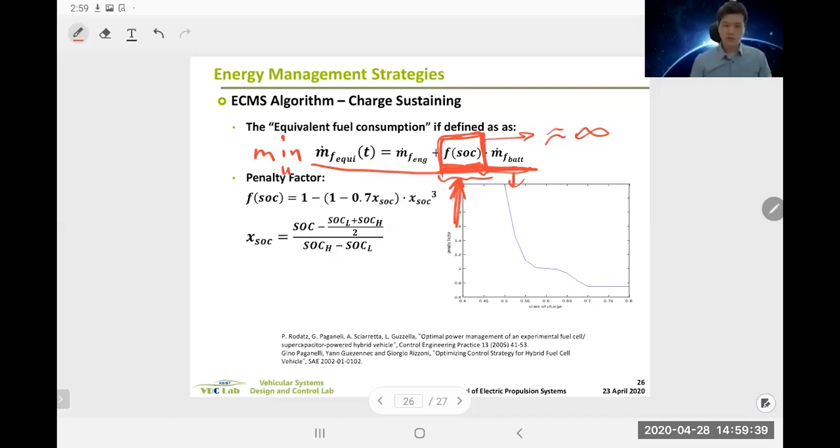And for ECMS, we can use something like this. So what this is doing is, for high SOC, you want to lower the coefficients so that battery energy gets cheaper. And if SOC is low, then you want to increase the coefficient so that the battery becomes more expensive and you use more engine.